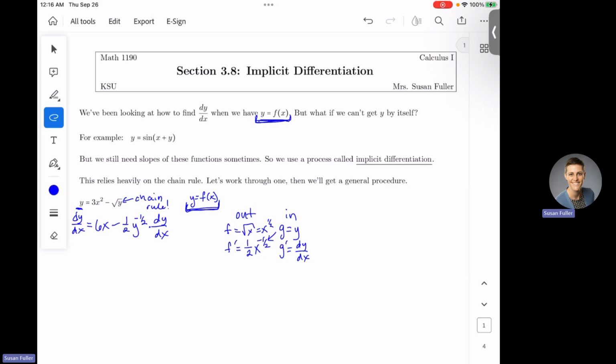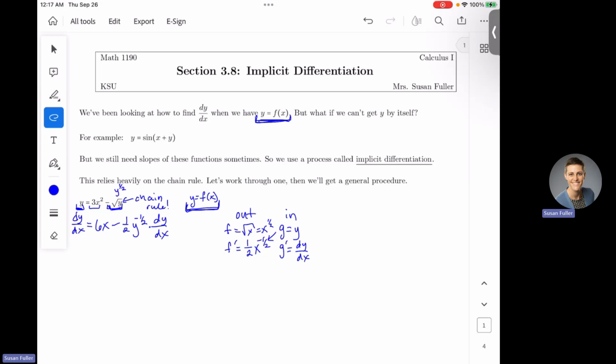This is implicit differentiation. Notice that essentially what I did was I took the derivative of every piece of this function. And when I took the derivative of something with a y in it, like the square root of y, I took the derivative just like I did with x's.